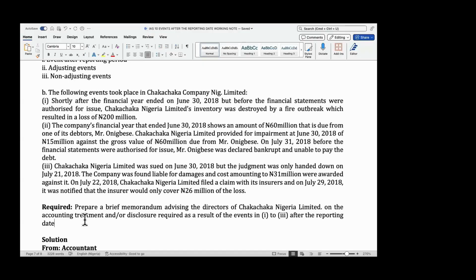Which makes it adjustable now. Yes, it's adjustable, because they were sued before the year end. And also, when they gave them the penalty, the fine of 31 million, they will have to adjust for the difference.